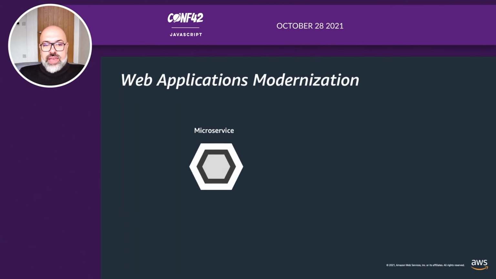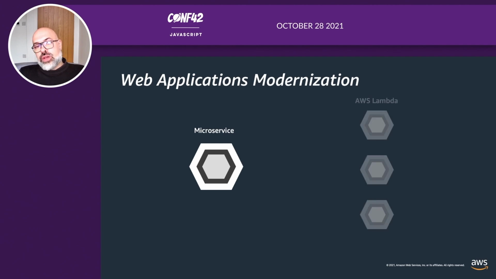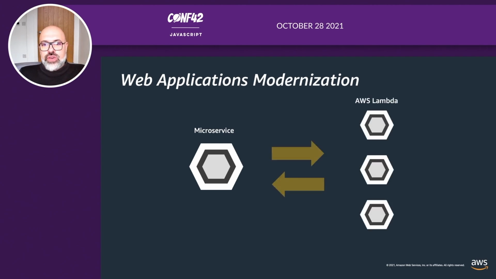Moreover, you can do the same moving from microservices, therefore from a container, to Lambda. And in that case, it's very interesting because you can make a decision on how you want to handle that. Imagine, for instance, that you have a CRUD operation inside the microservice and you want to migrate to Lambda. You don't have to migrate every single operation into a single Lambda. It depends on your volumetrics. Be pragmatic there.